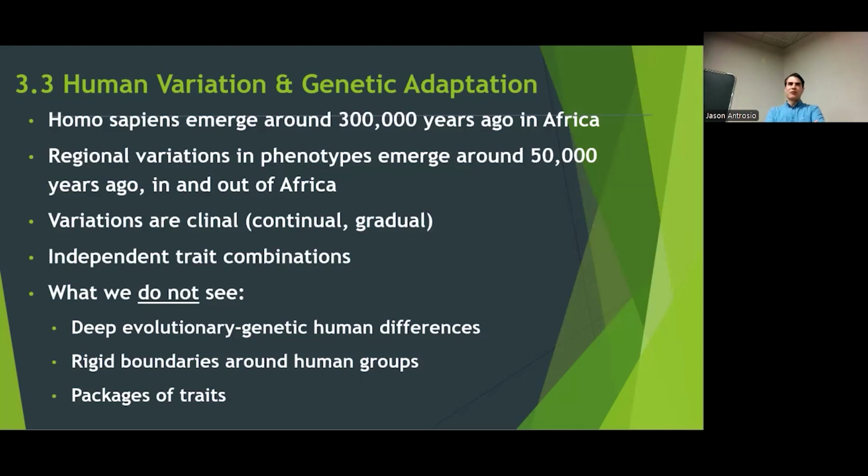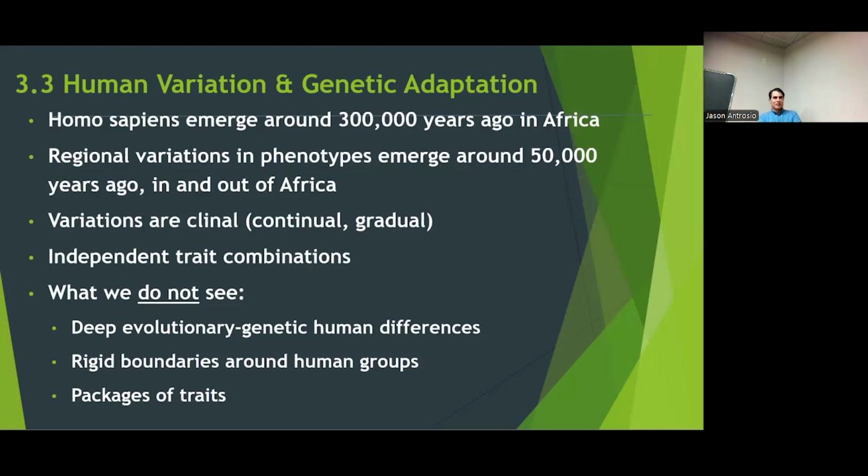I'm going to be telling you that these things do not come as some bounded package of traits. Why will I be going on and on about this? About that just because you have a certain nose shape doesn't mean you're going to have a certain lactose tolerance.